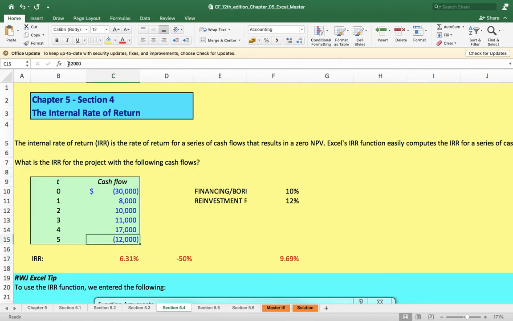This one, I will take this minus off. See now? 24.01, 24.01. With a guess of 99% also, I got only one IRR. Any guess I make also, it will be 24 only. Why? Because there is one cash outflow, and the rest are all cash inflows: 8, 10, 11, 17, 12, all are inflows. Then there will be only one IRR.